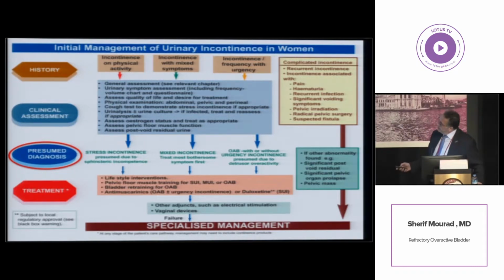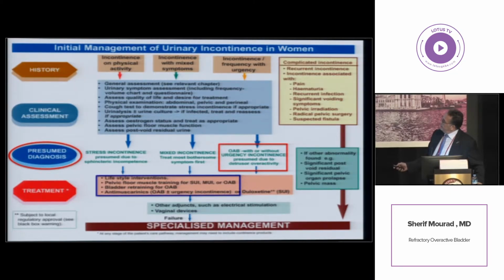At that time, they can differentiate between the symptoms, but not in a very accurate way. For that, they are only entitled to do lifestyle interventions, pelvic floor muscle training, bladder retraining, or at most give antimuscarinics for the treatment.